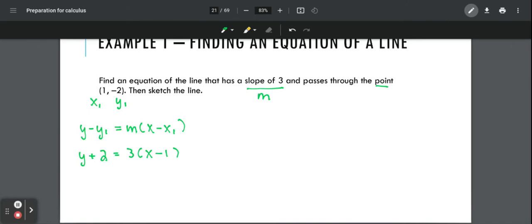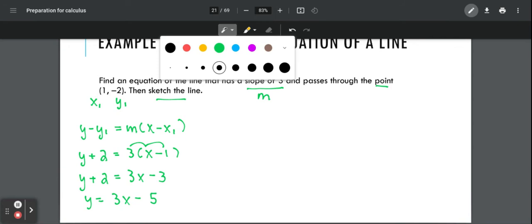And then it asks us to sketch the line. In order to sketch this, we can do it just from the point and the slope we were given, or some of you will probably want to do it from slope-intercept form, where we're distributing that 3 and then subtracting 2. So we would get 3x minus 5. Some of you, that will be an easier way to look at it.